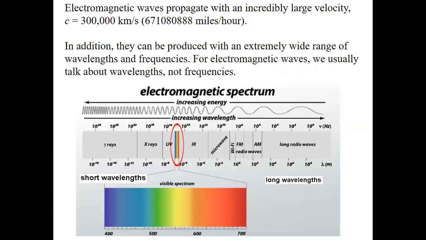The electromagnetic waves propagate at incredibly large velocities. The speed of light is 300,000 kilometers per second. If you look at it in miles per hour, it is a huge number: 671,080,888 miles per hour.